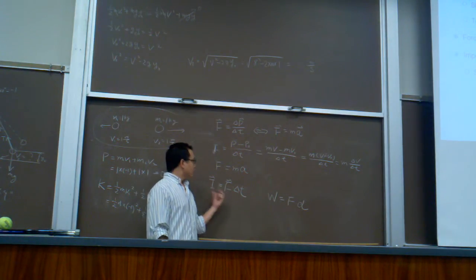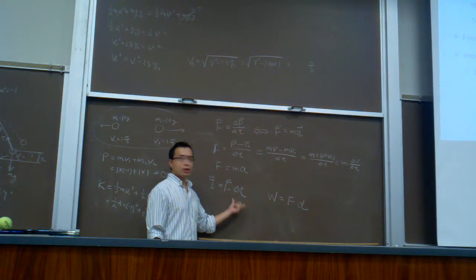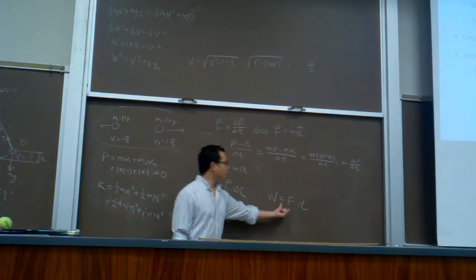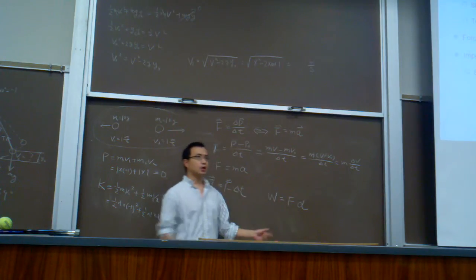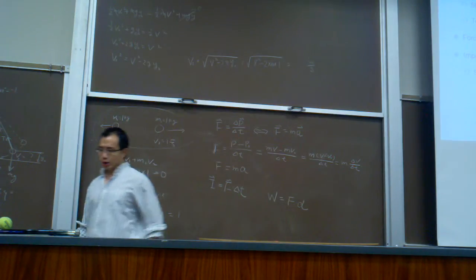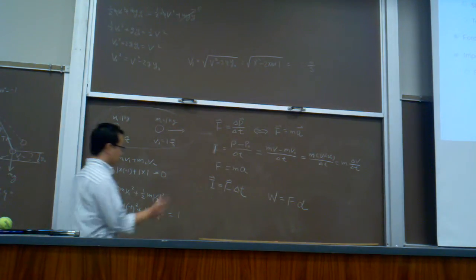The impulse is the effect of the force accumulated along some time interval. The work is the effect of the force accumulated along some distance. So they both try to characterize the effect of the force, but from different points of view.